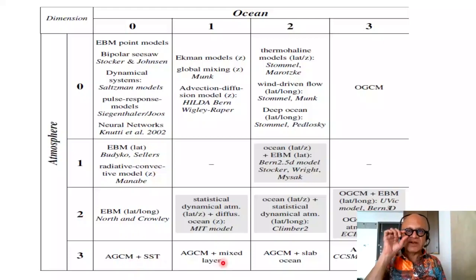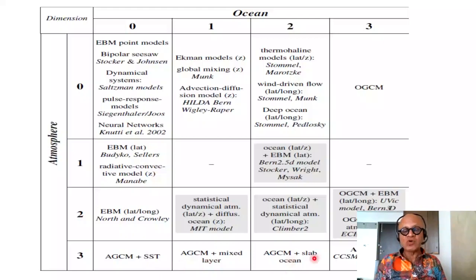AGCM plus mixed layer, where the ocean is only represented with the top layer where some kind of thermodynamics and advection or heat transport happens. They also provide lots of realistic simulations of coupled behaviors where the ocean's role cannot be ignored, unlike here.